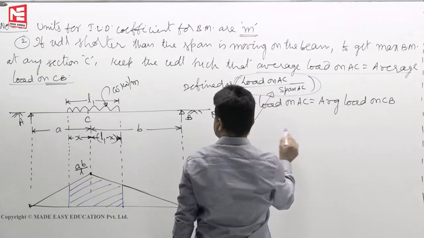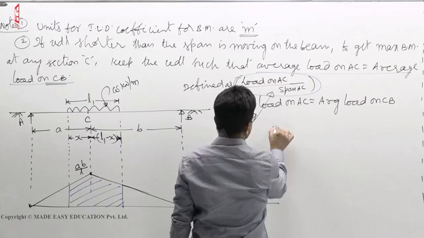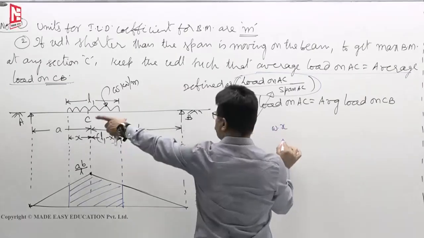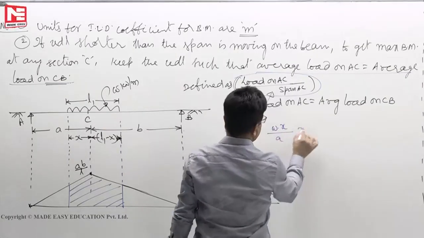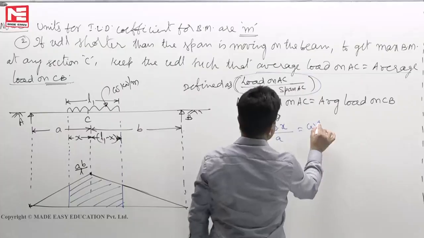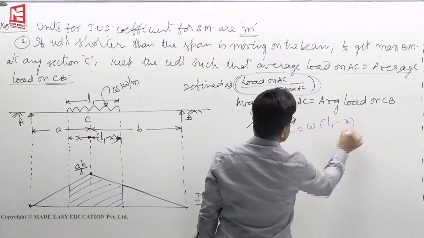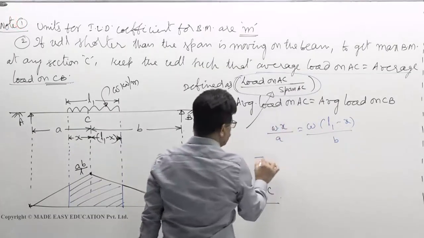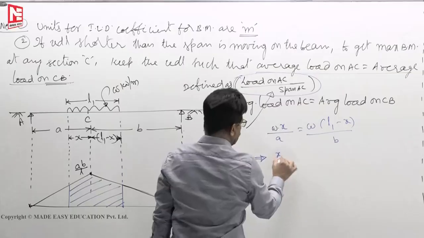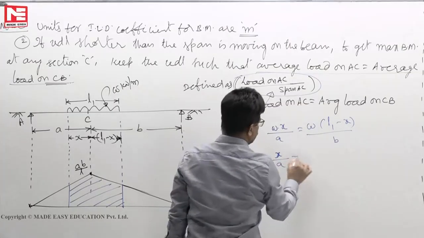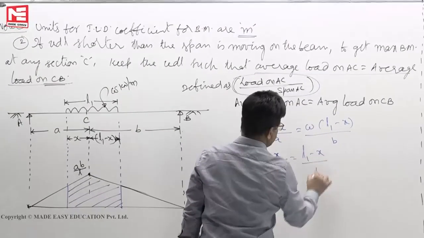Load on AC means you will get w into x, and the span is a. Load on CB is w into L1 minus x, and the span is b. So, we can write it as x by a is equal to L1 minus x by b.